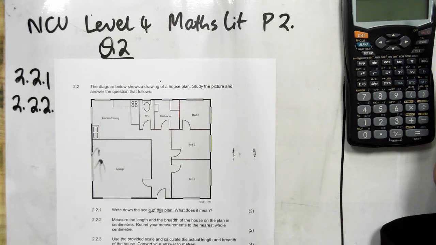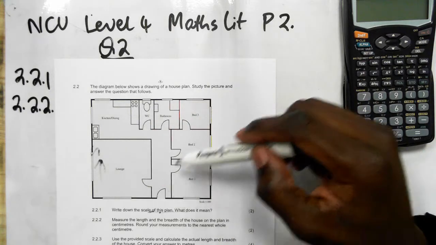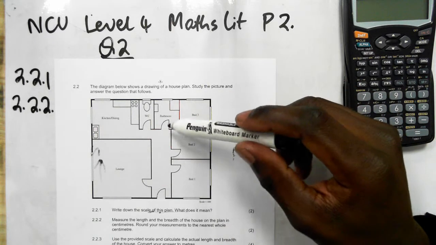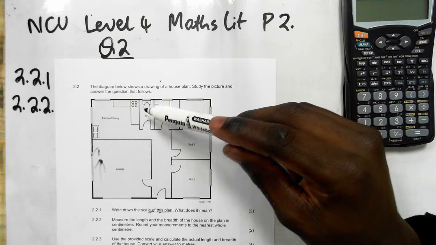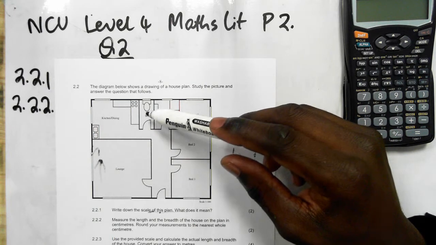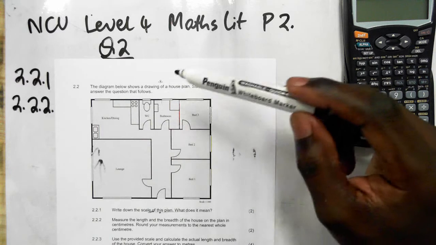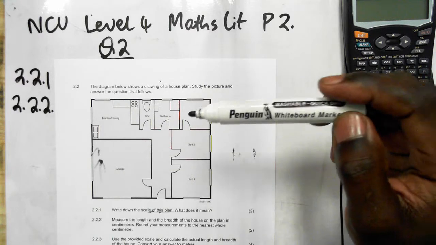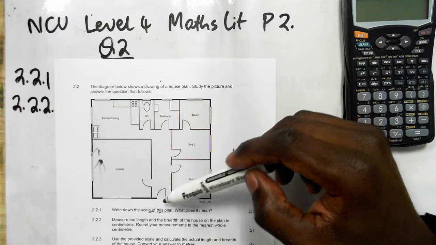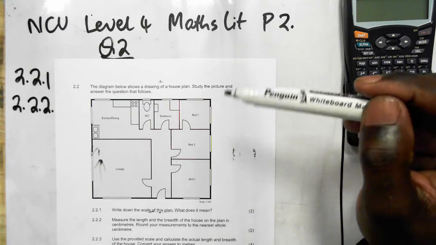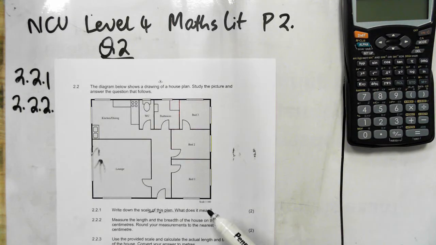Okay, now this is a house, a simple house, 3 bedrooms, a bathroom connected with an ablution, or you can call it a toilet, and then we have a kitchen or a dining area, and we've got a lounge here and some passages and some doors and all those other things. And then something very interesting, if we can just quickly zoom in here, it's your scale.